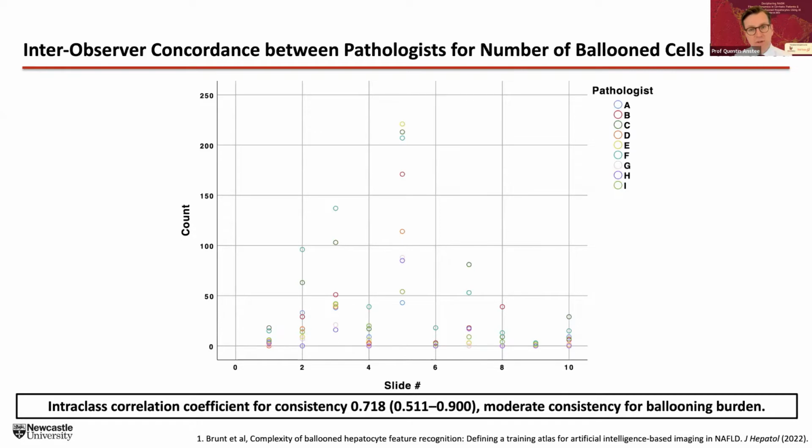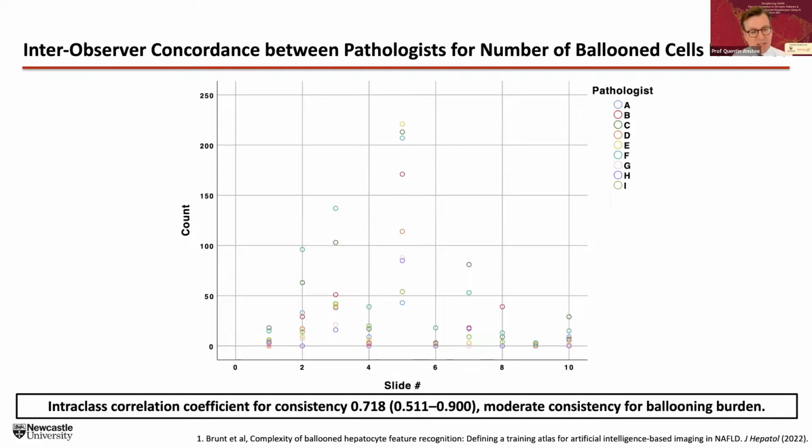So it's certainly to be expected there are variations in the number of balloon cells which pathologists may identify. But what you can see here is, looking at the same section, there is substantial variation between pathologists in how many balloon cells can be considered to be present, with slide 5, the one in the middle there, being the one where the majority thought that there were a lot of balloon cells present.